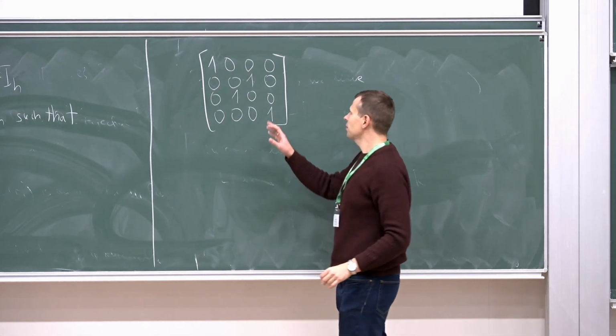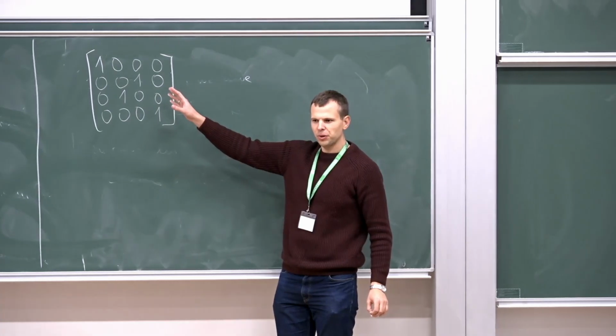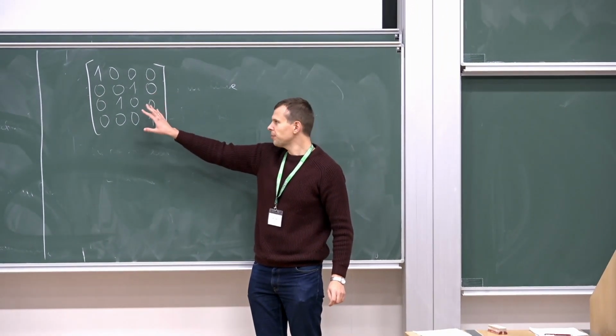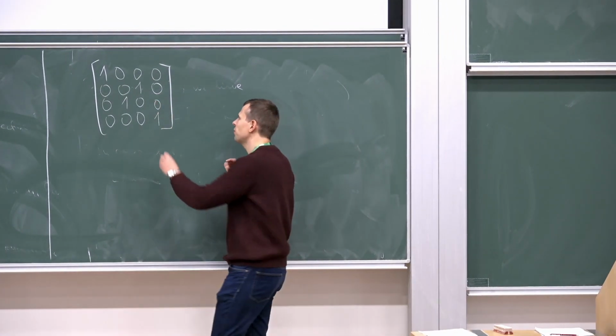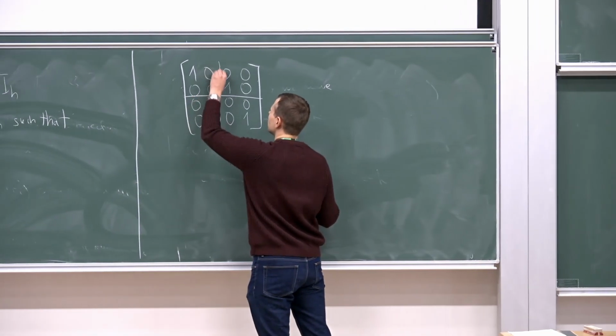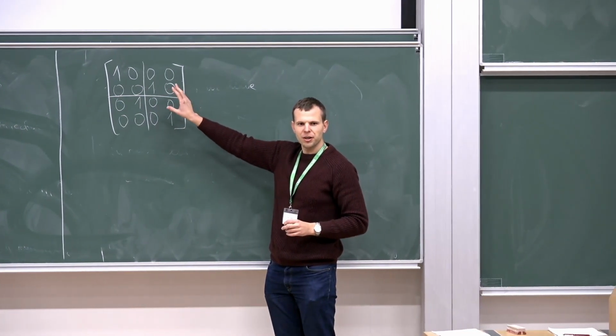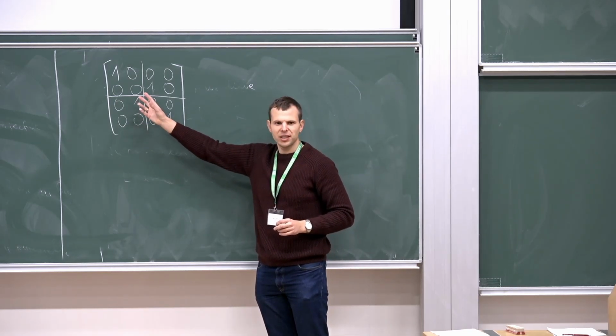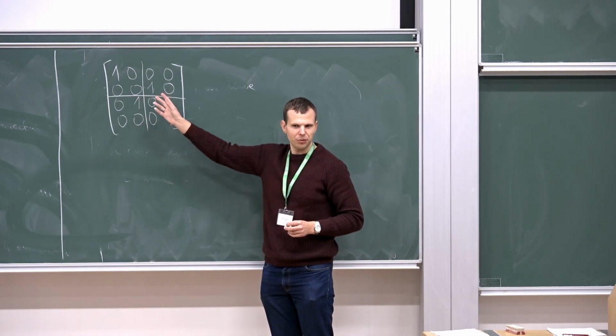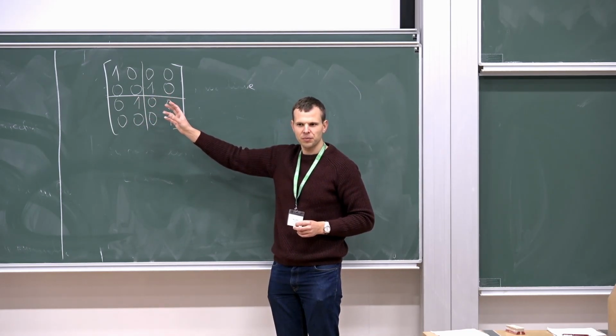So you have a 4x4 matrix, which is unitary because it's a permutation matrix. But then you view it as a 2x2 matrix with entries that are 2x2 matrices, right? So you view this as this block decomposition.